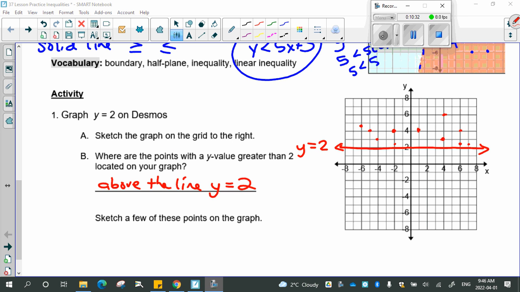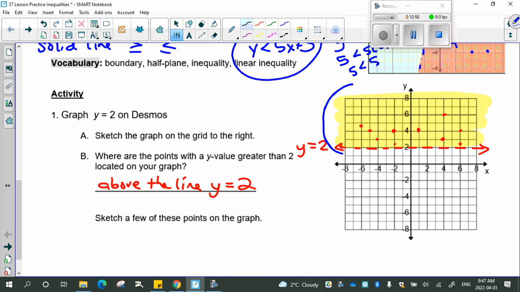I'm going to take my eraser and make this a dash line. And then I'm going to take a highlighter and shade in everything above that dash line.